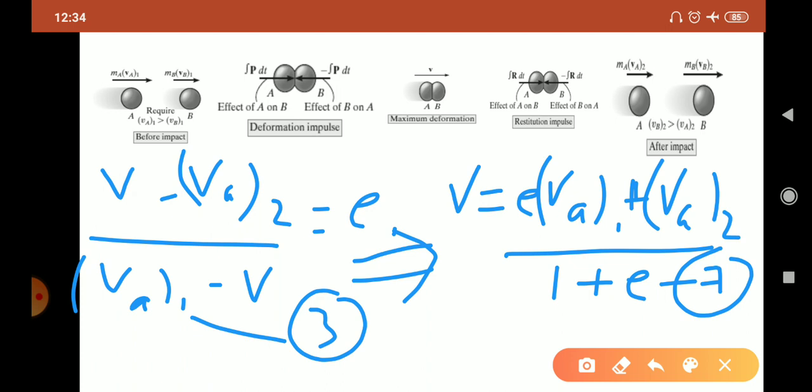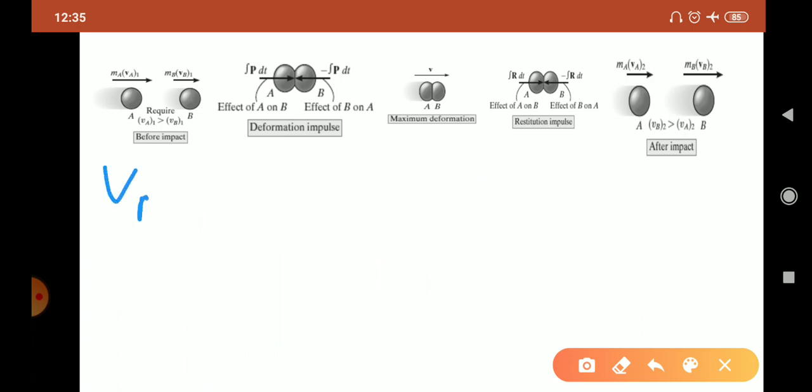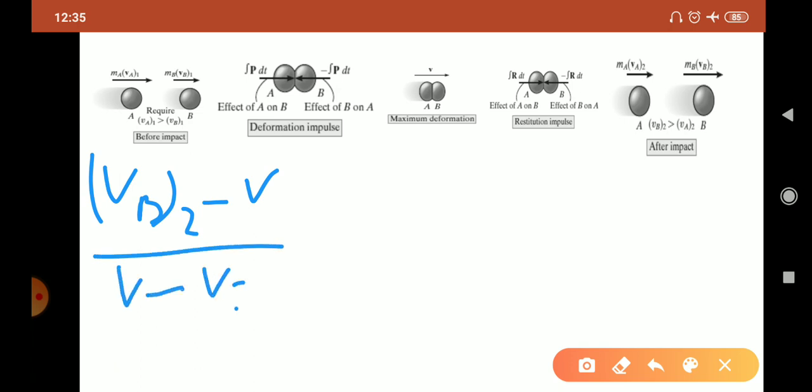Now in a similar way, from equation number 6 we'll get the V value. How? Using equation number 6, VB2 minus V upon V minus VB1, that was equal to E. Now this is equation number 6.